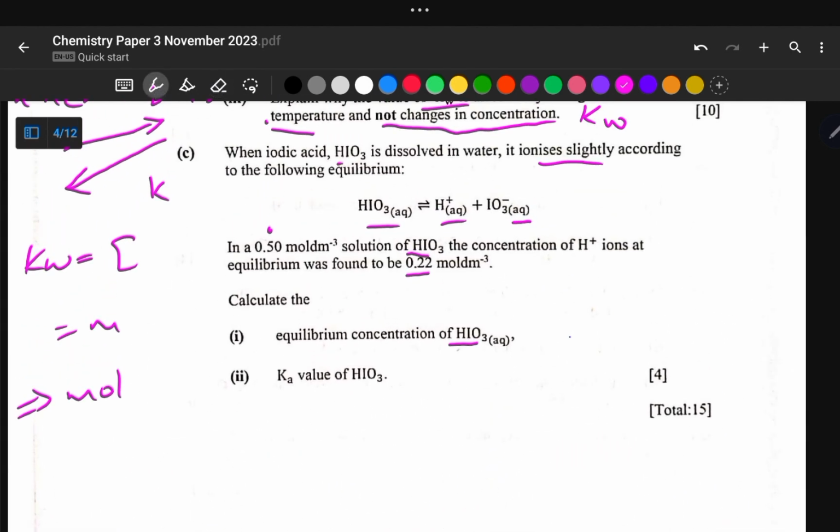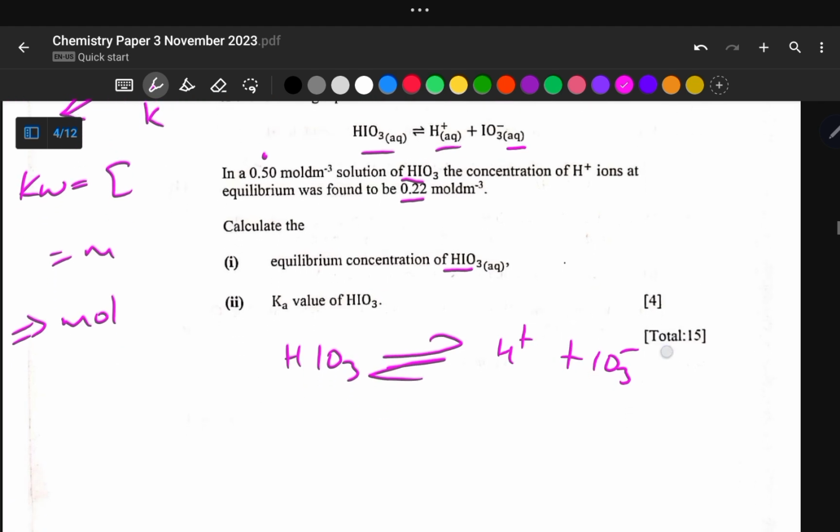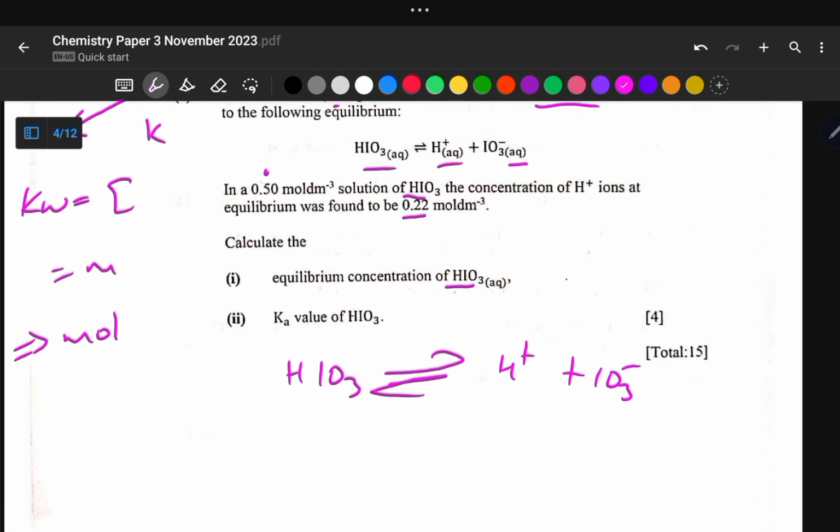So we have this equation, right? And then the proton, and then the conjugate base, right? So at equilibrium, we're going to have 1 minus x, and then here we're going to have x, and here we're going to have x. And then we are told that at equilibrium we've got 0.22 moles of the proton.